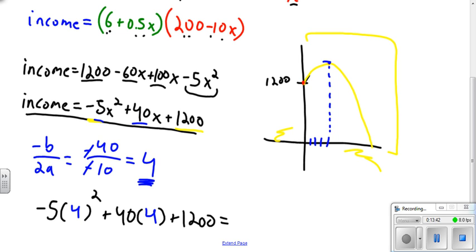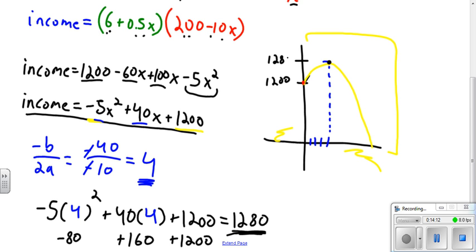So 4 squared is 16 times negative 5 leaves us with negative 80. 40 times 4, positive 160, and still plus our 1200. The negative 80 and the 160 comes down to just a positive 80. So we have 1200 plus 80, which leaves us with 1280 is that y value. So right here is at 1280.